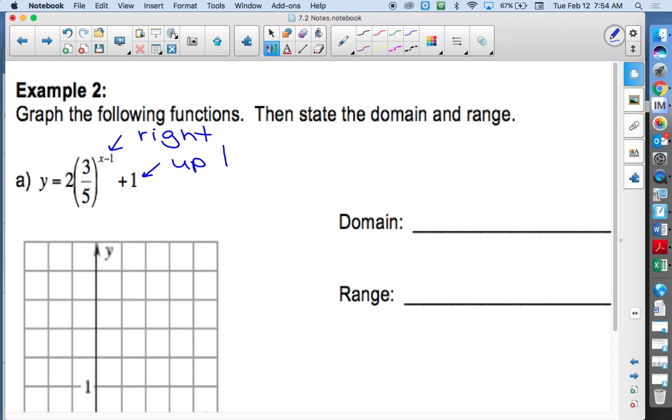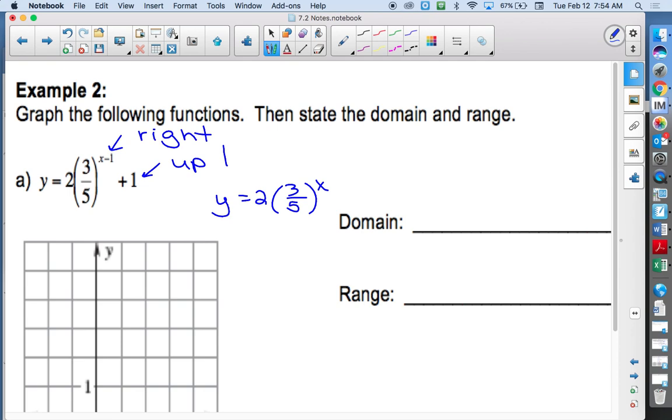So instead of graphing it with those extra numbers added to it, we're going to try and see if we can make a short way around graphing. And I'm going to take those extra numbers out of the problem. So instead, we're going to keep the 2, keep the 3/5, but just place an x with that. So I'm ignoring the minus 1 and then the plus 1 for right now.